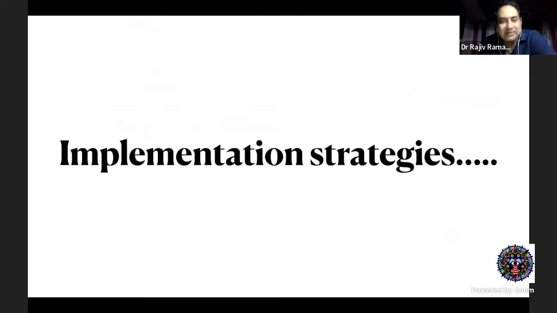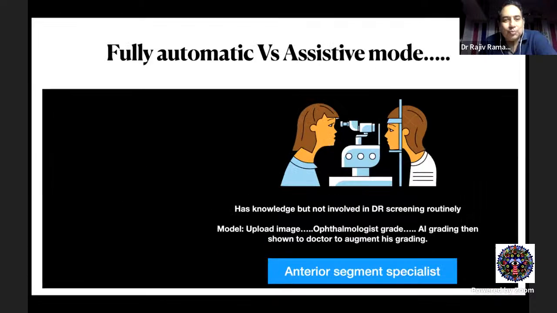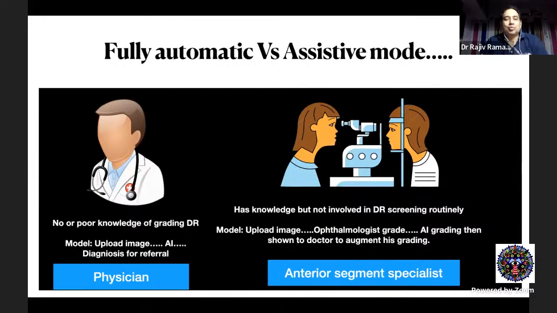How can we implement these AI algorithms? People are using it in 2 modes. You can use it like what Aravind Eye Hospital has been using: people who don't have any knowledge of diabetic retinopathy just upload the image, and AI gives the diagnosis and the referral criteria. How we are using it at Nethralaya is with people who are anterior segment specialists, who have knowledge but are not directly involved in retinopathy screening.